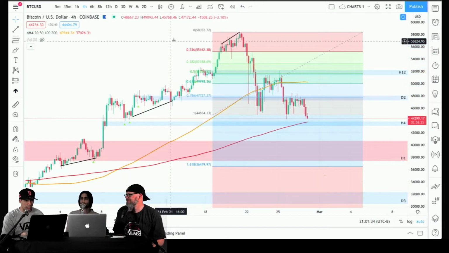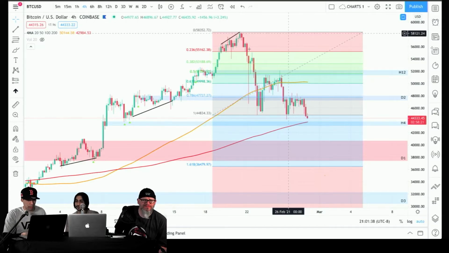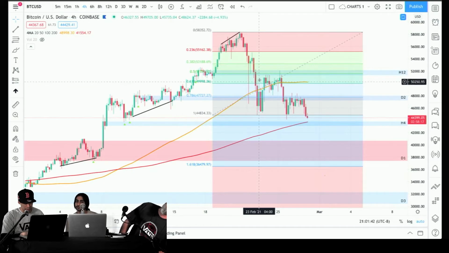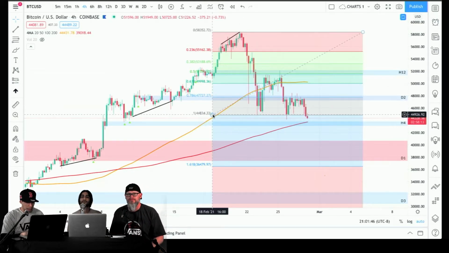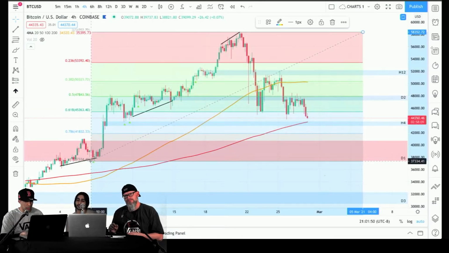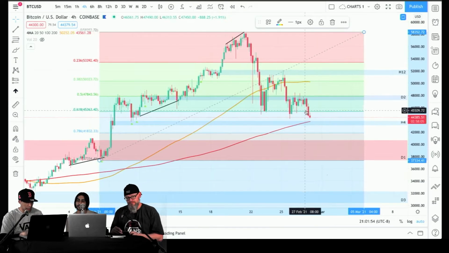So this is how your Fibonacci tool usually looks, right? You want to identify where potential retracement bottoms are. But for this example, we would probably start it somewhere around here to guesstimate where it's going to potentially bottom out, right?